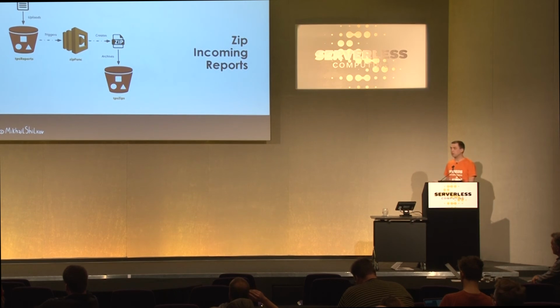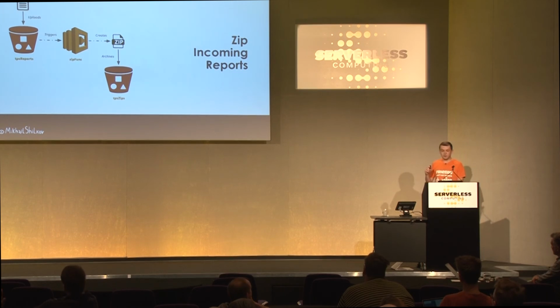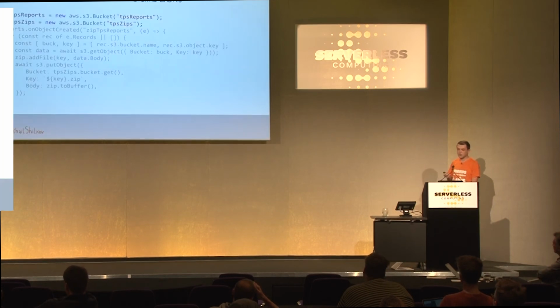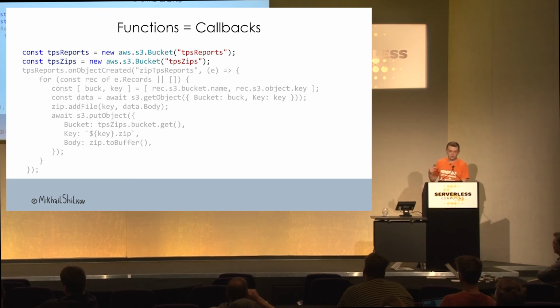Different example, you have two buckets. Every time you get a report in the first bucket, you want to run the Lambda, zip it up, do some preprocessing, and put it into a different bucket. Like you probably did something like this many, many times in your serverless applications. So you can write the code which should look more or less the same, should have the same structure. So first you create two buckets, that's just two objects, and then you can use, this is actually a Pulumi example, just a callback like we would do in your Node.js application or front-end application.